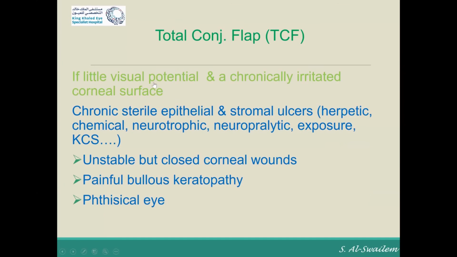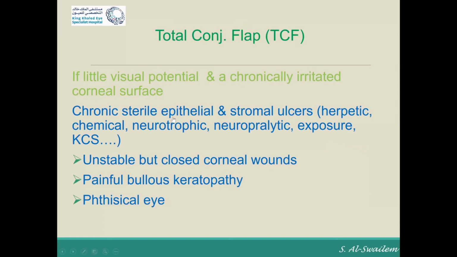If there is a little visual potential and if there is a chronically irritated corneal surface. Remember, as I said earlier, if you cover the cornea by a conj, it's going to be opaque. So really this is going to reduce even the visual potential if you apply it in a patient who can see very well. So use it in a patient with low vision in general.